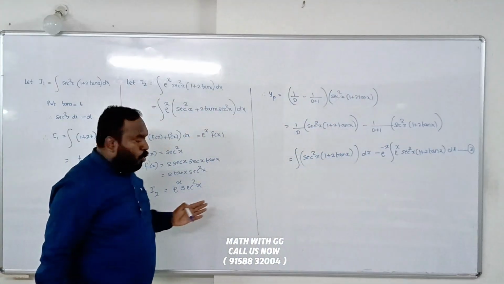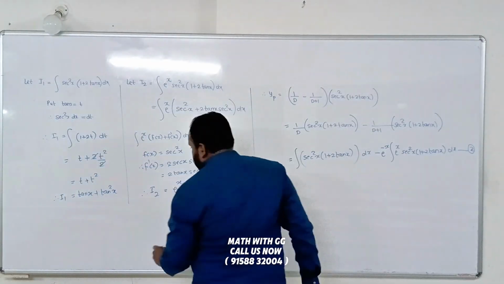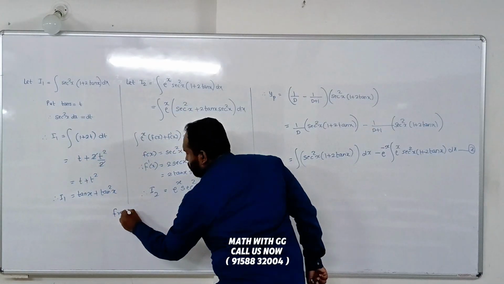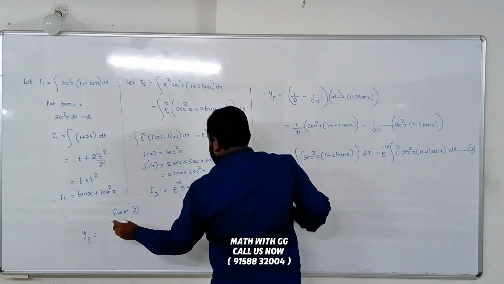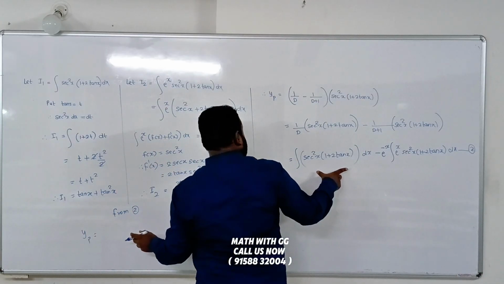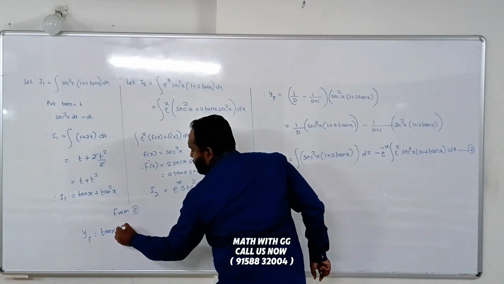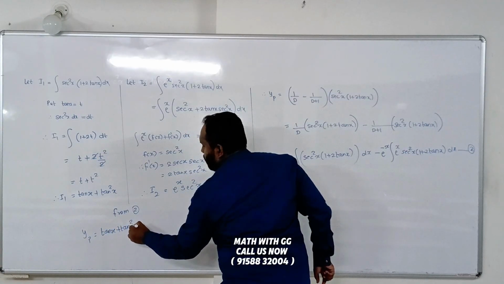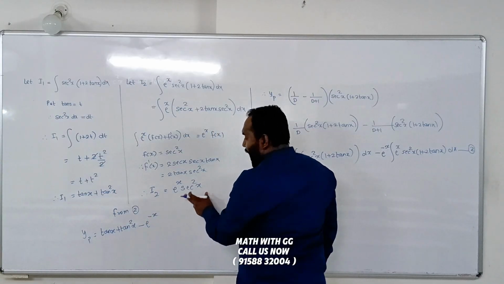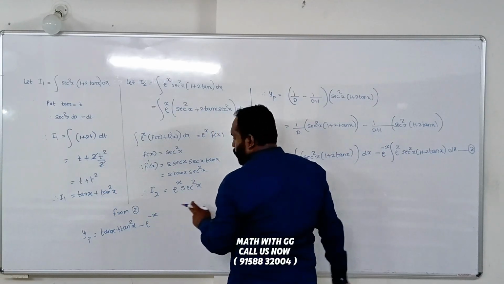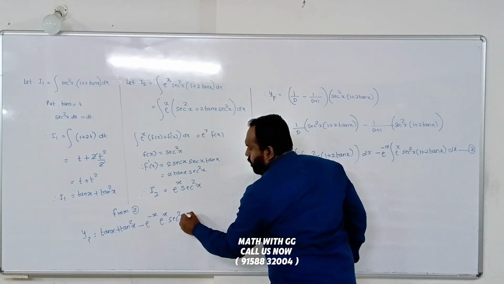The first integration is tan x plus tan square x. The second integration is e raised to x into sec square x. Let us substitute both the integrations in equation number 2. So we get from 2, yp is equal to the integration of the first term, that is I1, tan x plus tan square x, minus e raised to minus x and the integration of I2, that is e raised to x sec square x.